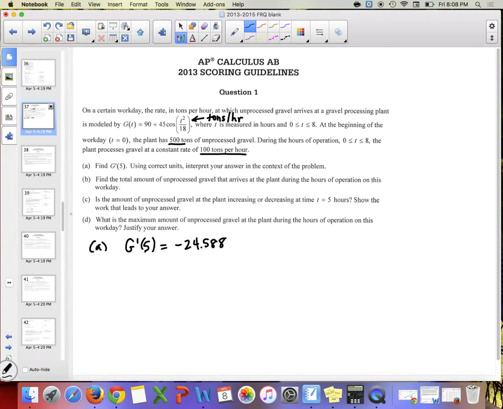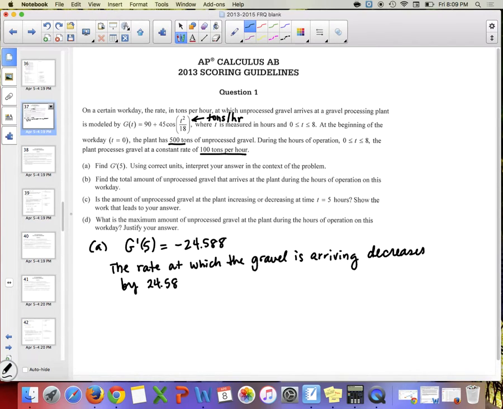So the way that we would phrase this is we would say the rate at which the gravel is arriving is decreasing, it's going down by 24.588 tons per hour each hour, at time t equals 5 hours.